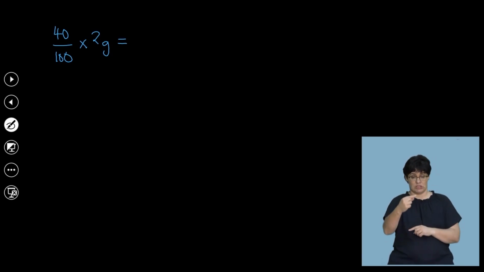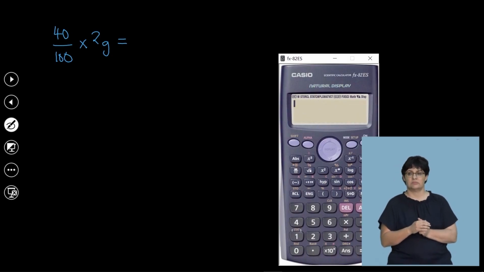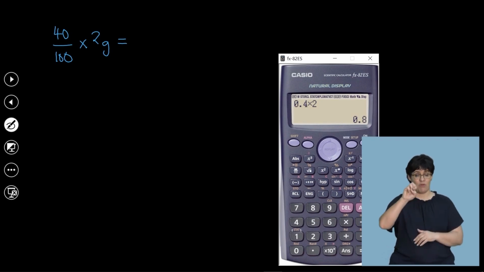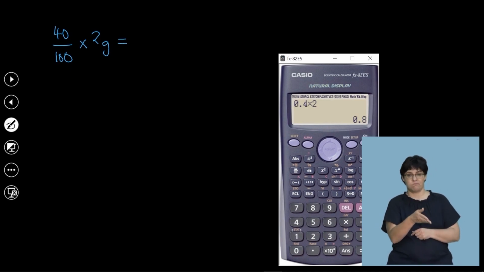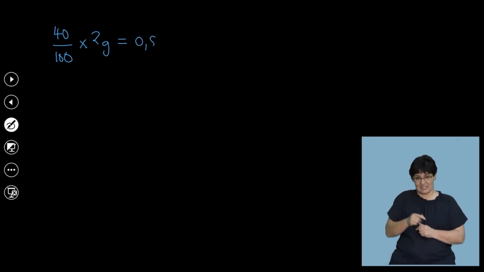If you go to your calculator very quickly, that's the same as 0.4, which is 40 over 100, multiplied by 2. What is the mass of calcium carbonate? It's actually 0.8 grams. So 0.8 grams in the 2 grams of the antacid tablet is the calcium carbonate, which is what is of particular interest to us. So here the mass is 0.8 grams.